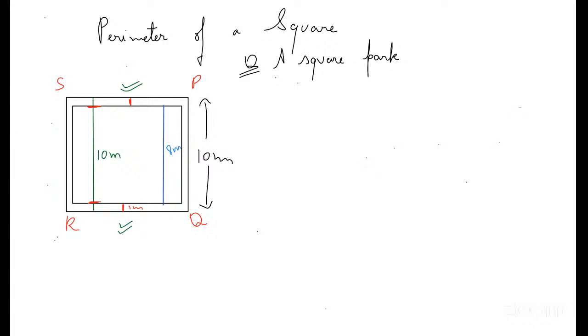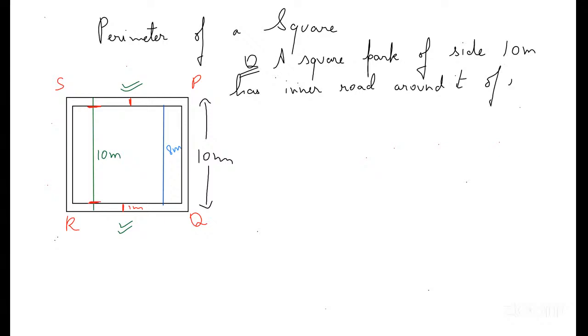A square park of side 10 meter has an inner road around it, of which 1 meter.